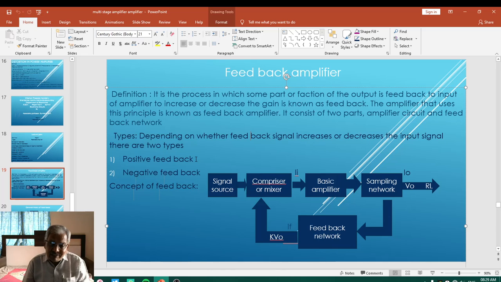Such a type of feedback is known as positive feedback, or it is known as regenerative feedback, or it is known as direct feedback. Thus we can say the positive feedback process is the process in which the part of the output which is fed back to the input is in phase with the input. Due to this, it will increase the input signal. This increase in input signal increases the output voltage, in turn increasing the gain of the amplifier circuitry.